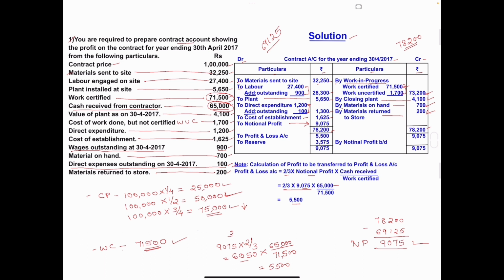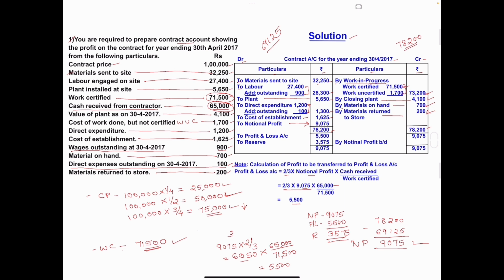So the notional profit is 9,075. From this 9,075, to profit and loss account we will transfer 5,500 and the remaining amount to reserve. So how much remains? 3,575. So this 3,575 is transferred to reserve.